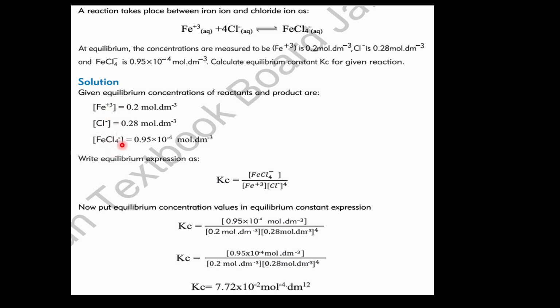First of all, we will write the given concentrations, and then we will write the equilibrium constant for this balanced chemical equation, and then we will put the values. After calculating this, Kc is equal to 7.72 into 10 raised to the power minus 2 mole power minus 4 and dm power 12. So if you calculate this, you will get the final result in mole power minus 4 and dm 12.